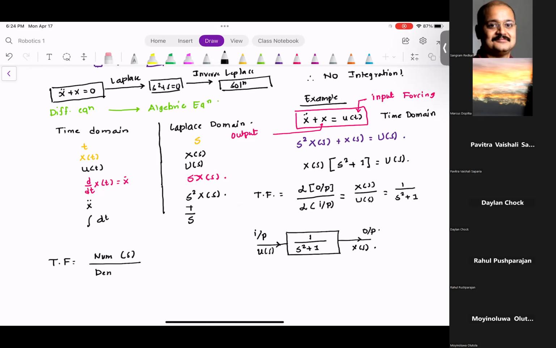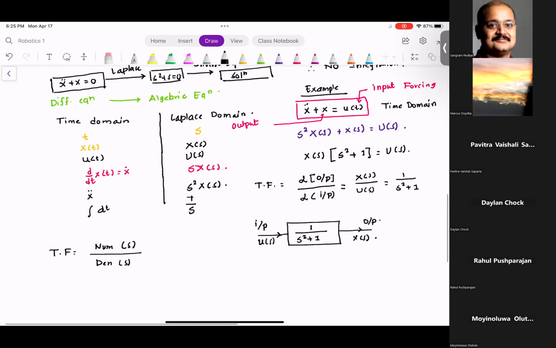Typically, the numerator is a function of s, and the denominator is a function of s. In this particular numerator, there is only a constant 1, but in the most general case, you will have some function of s in the numerator and some function of s in the denominator.